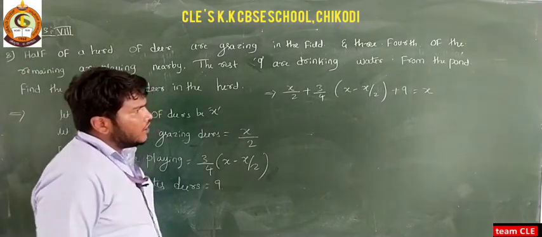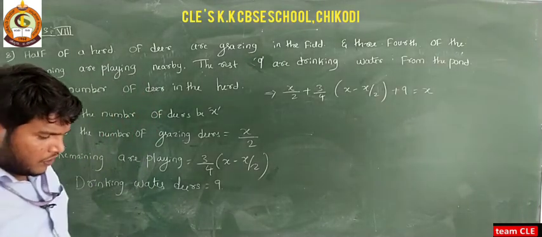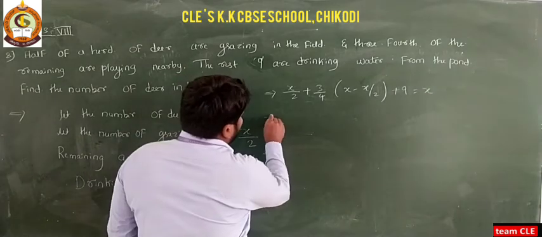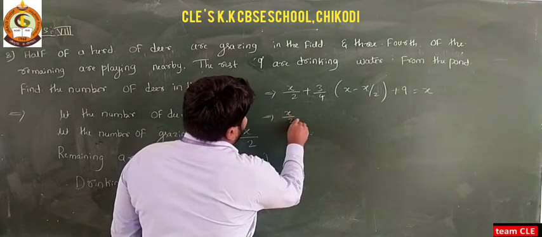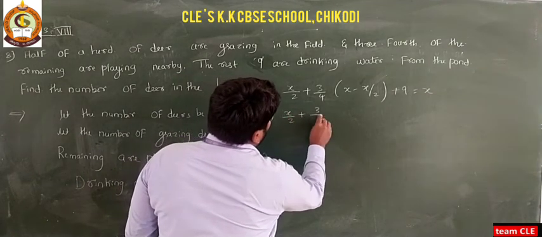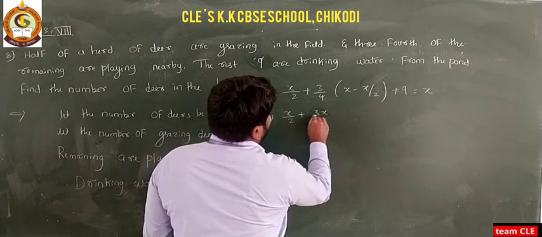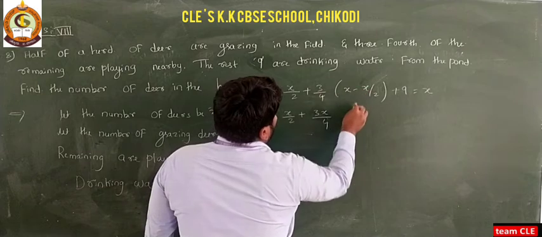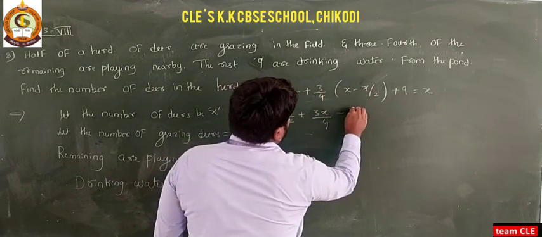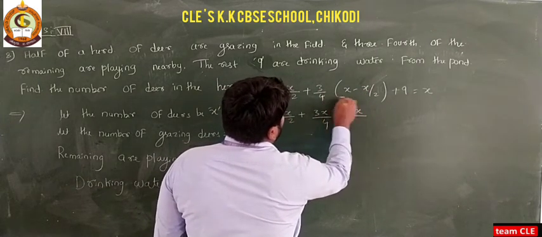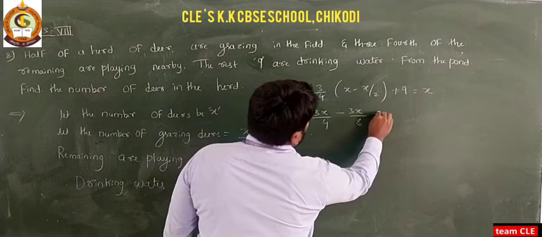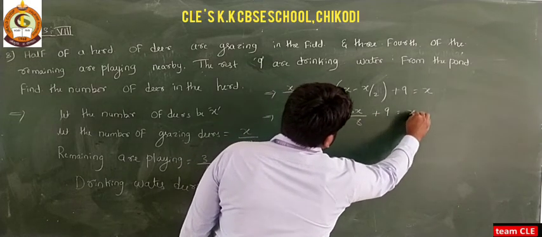So this is the given equation. Now solve this equation. x by 2 plus 3/4, you multiply this inside, so this is 3x by 4, and minus 3 into x is 3x, minus 4 2s are 8, plus 9, which is equal to x.